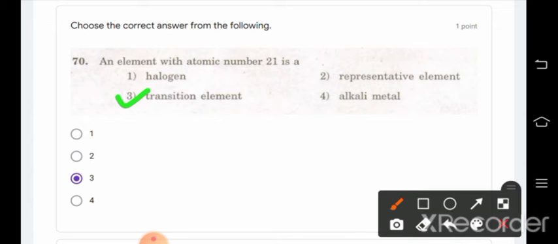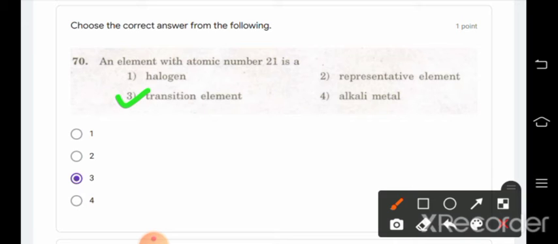Here the element with the atomic number 21 is a transition element, and it comes under the D block elements. Next we have the P block elements, which are also very important. Here we have the boron family, carbon family, nitrogen and oxygen families.